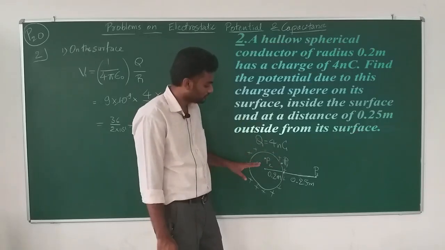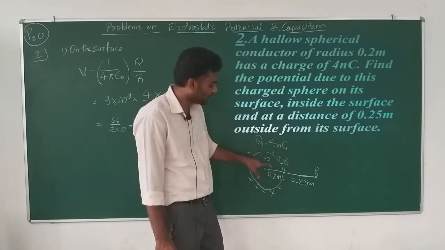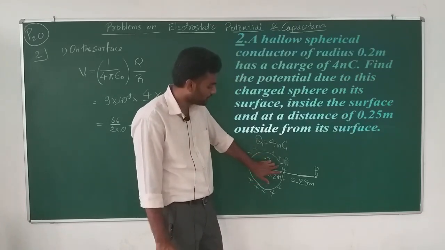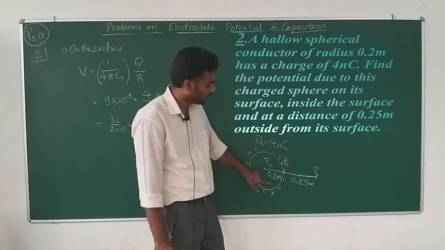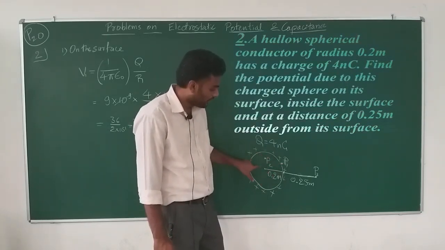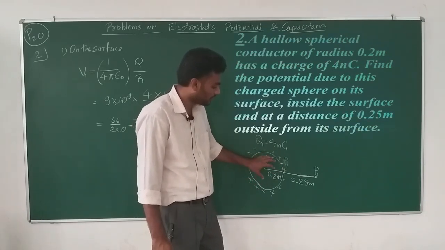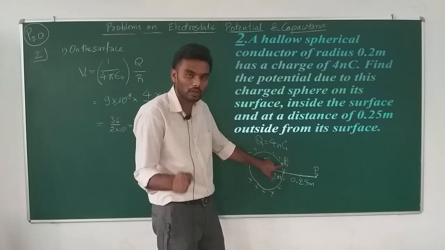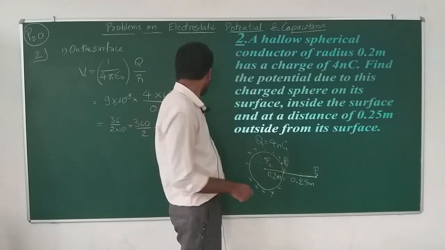So that's fine, no charge flow. That concludes that inside the solid sphere, the potential is the same. You choose this point, this point, any point, it's the same. And the value of this potential at any point inside the conductor is equal to the potential on the surface.